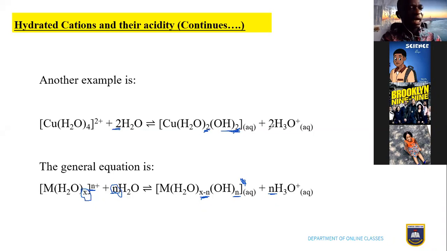So basically, that's it. Let me give you one example to try, and then we can move on from here. I want you to write this hydrated cation down and write an equation, and I'll call you to read out your equation for all of us. Mg into bracket H2O subscript 6, like 6 moles of water, Mg magnesium being coordinated by 6 moles of water.